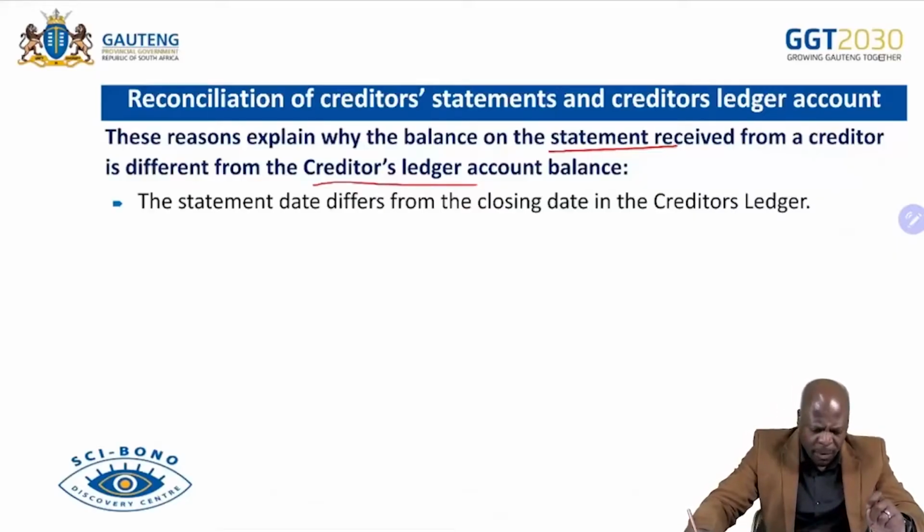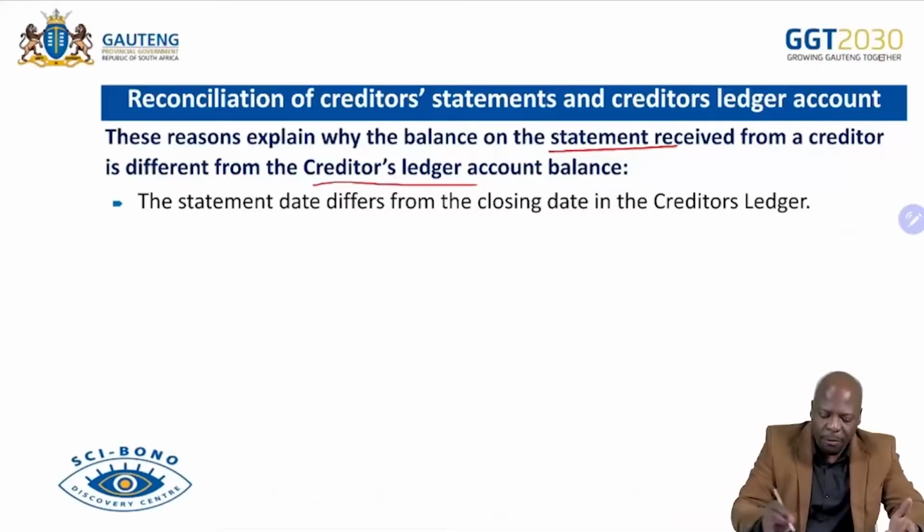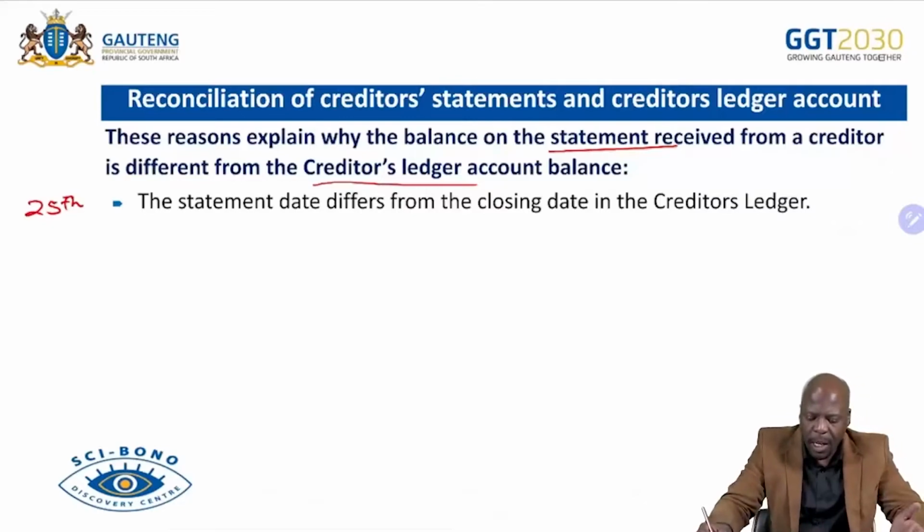Now, number one, it is when the statement date differs from the closing date in our creditors ledger. So you have to understand that creditors will close their books at a particular time. Then they send us the statement. And then you may find that the statement has a date of the 25th. Yet in our ledger, we have the date maybe of the 30th.